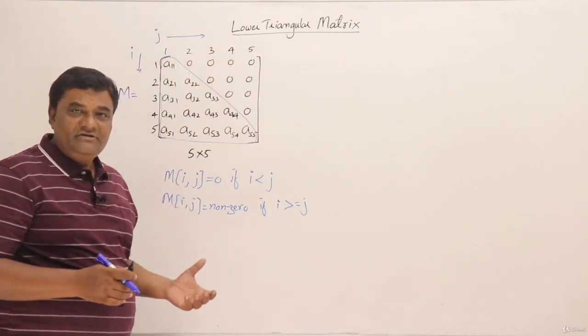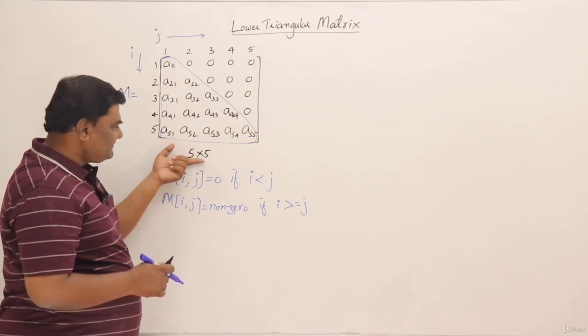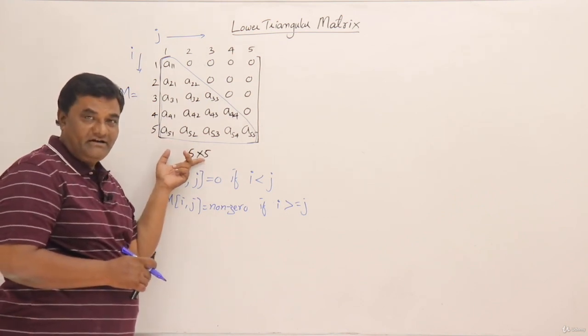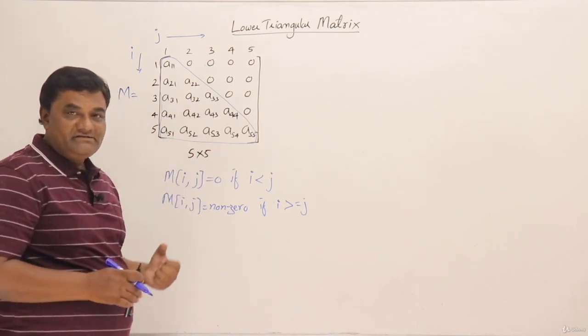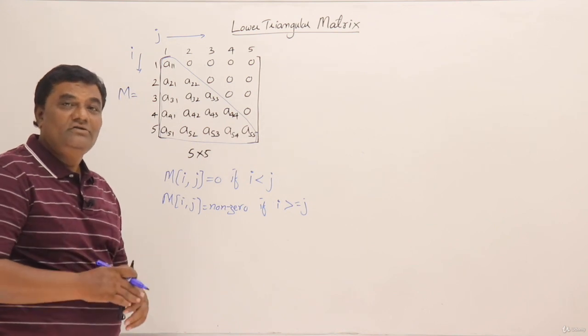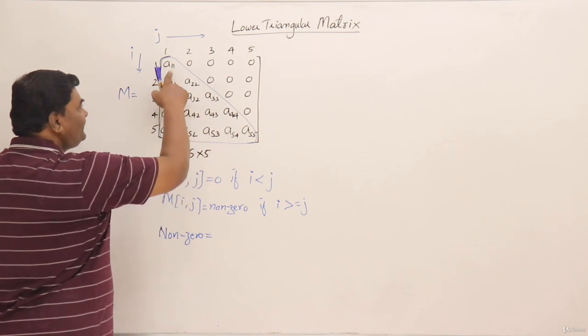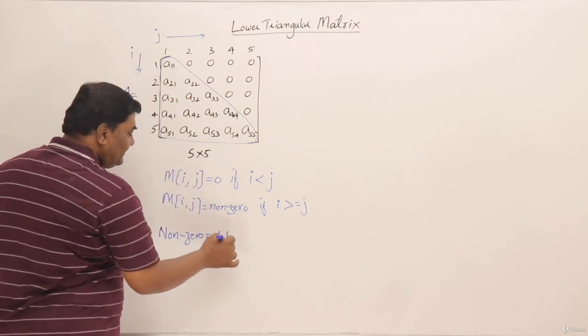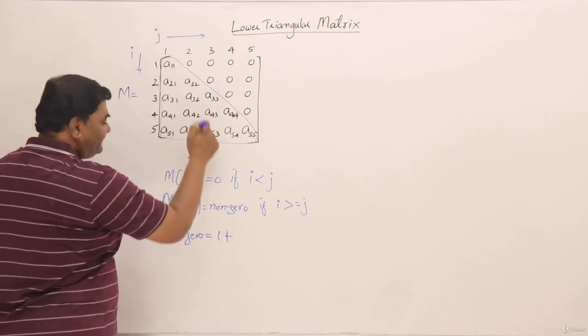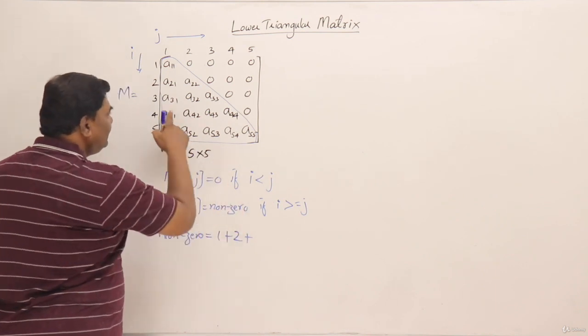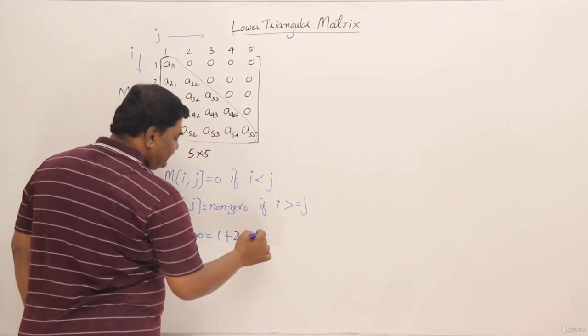Now let us observe in the matrix of n cross n, that is 5 by 5, total 25 elements are there. Then how many elements are non-zero? So number of non-zero elements. First row is having 1 element. Second row is having 2 non-zero elements. Third row is having 3 non-zero elements.